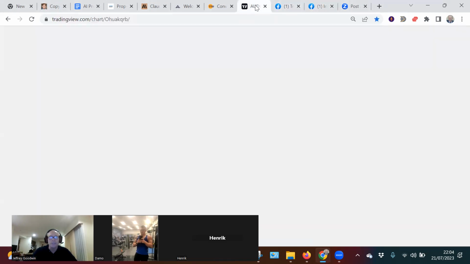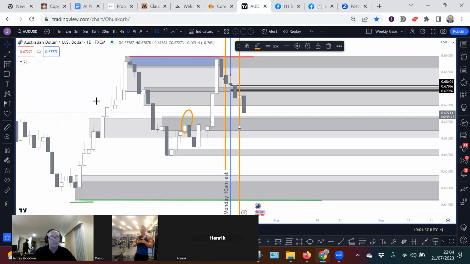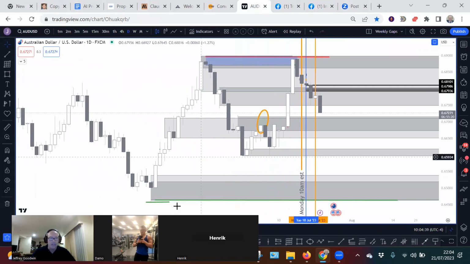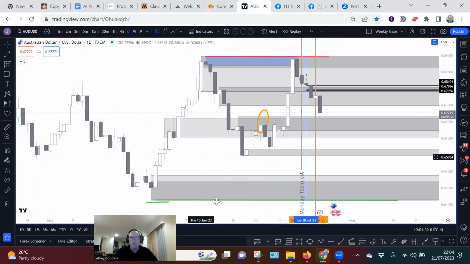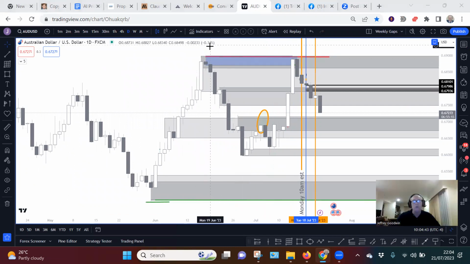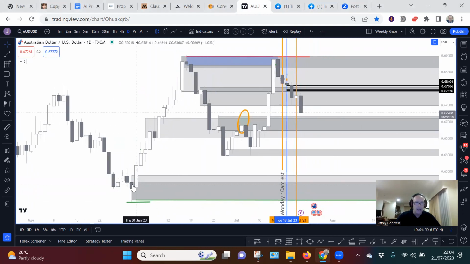This was what we started off the week with. That's all we did. We found a low, found a high. We simply drew a line there. These are wicks here, so I drew a light grey zone from the wick to the wick, and this black one, as you can see, I did with a little bit of colour.